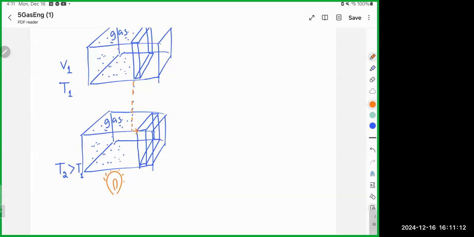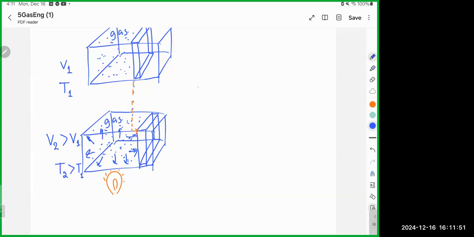This is because the gas inside with high temperature will get higher energy. With the high energy, they push all the way that they can. In this case, the wall can be moved, so the volume should increase.